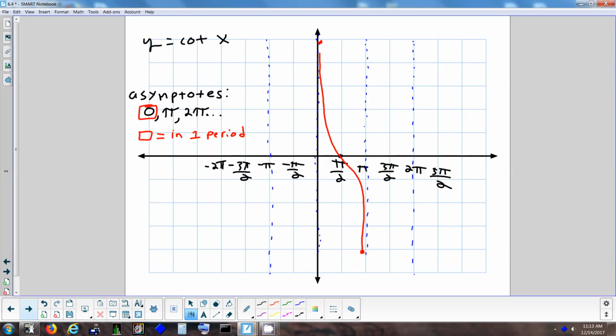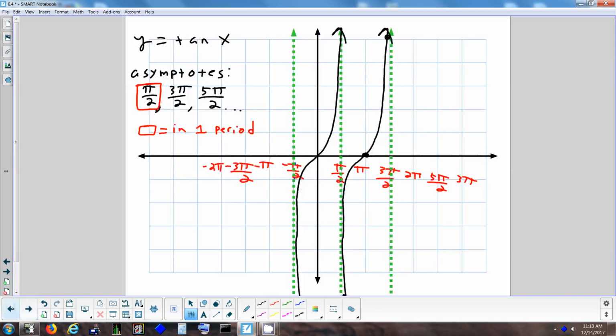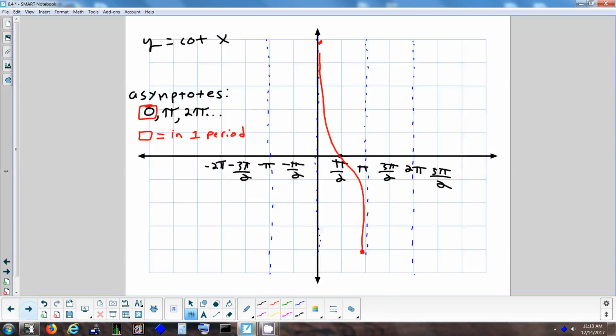Okay, and what you're looking at on the screen right there, that's exactly one period. You're looking at 2 periods there. 1 period. This period starts at 0. It ends at 180.